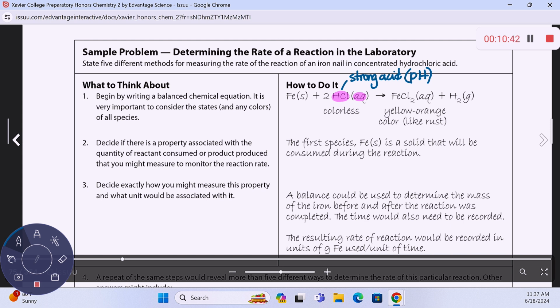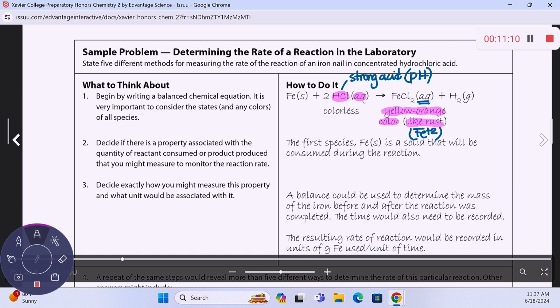Iron 2 is a transition metal. Transition metals tend to have distinct colors when they're in solution, okay? So since this says that we have a yellow-orange color similar to rust, that color is coming from this iron 2 ion that is in the solution, okay? So you could use a colorimeter or a spectrophotometer to measure the change in color over time, okay?